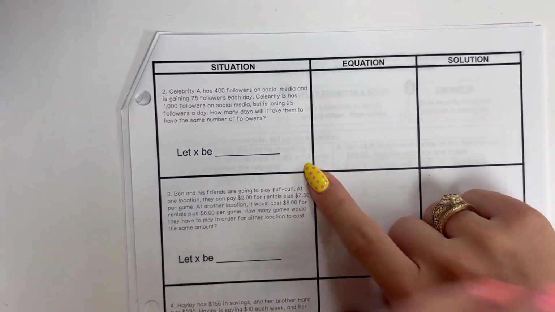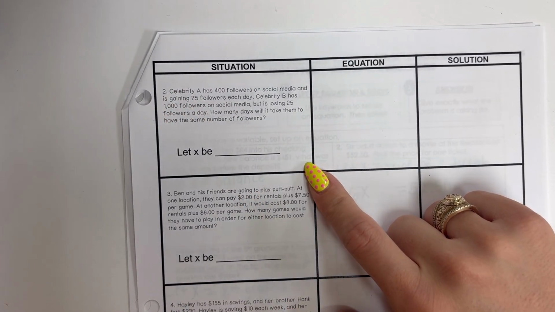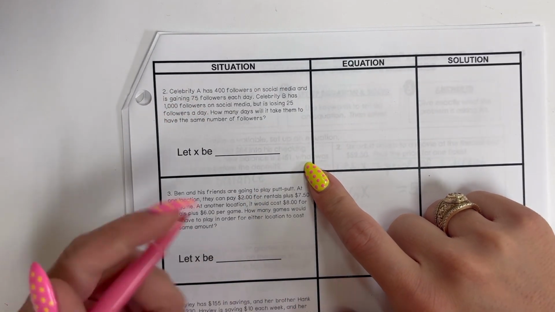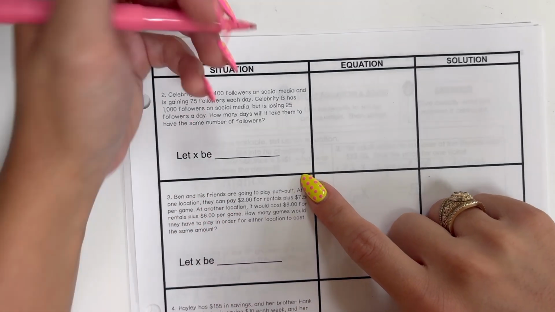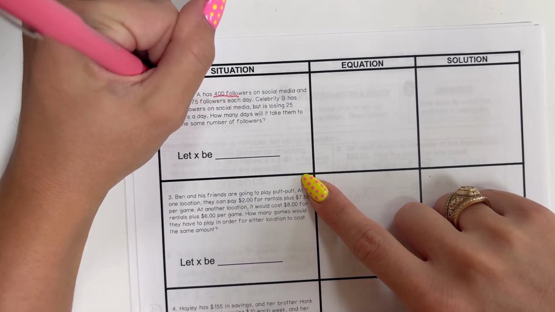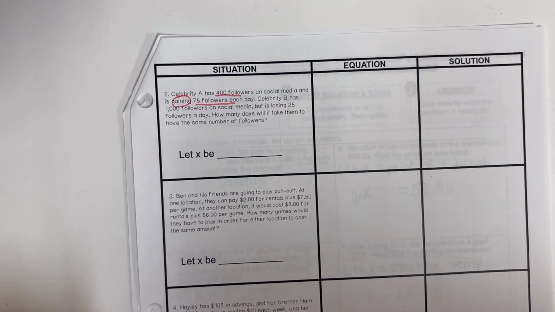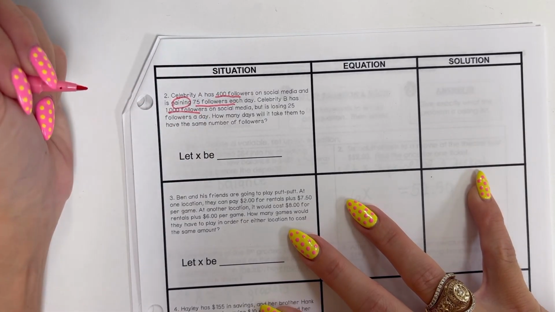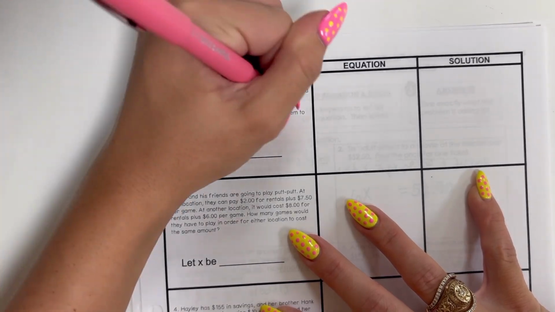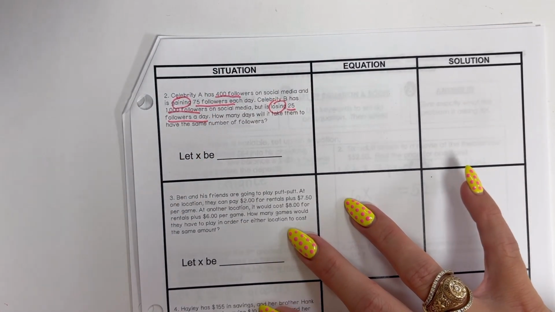So celebrity A has 400 followers on social media and is gaining 75 followers each day. So starts with 400, gains 75 followers each day. Celebrity B has 1,000 followers on social media, but is losing 25 followers a day.